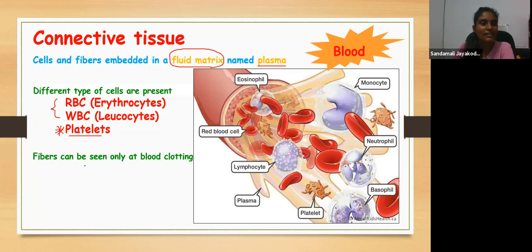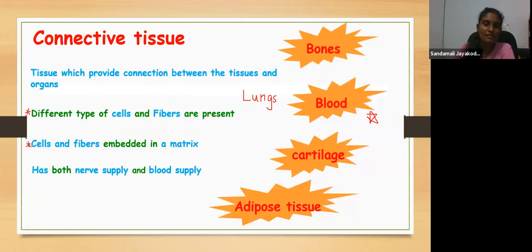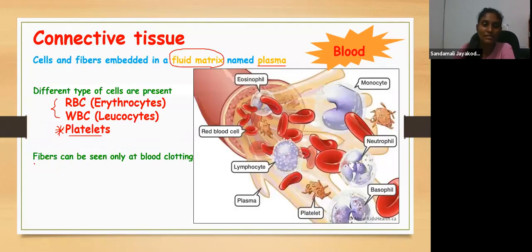And then fibers, there's another special feature too. Normally in bones, cartilage, and adipose tissue, we can find fibers easily. But in blood tissue, we cannot find fibers all the time. We can see them in one event, that is blood clotting.